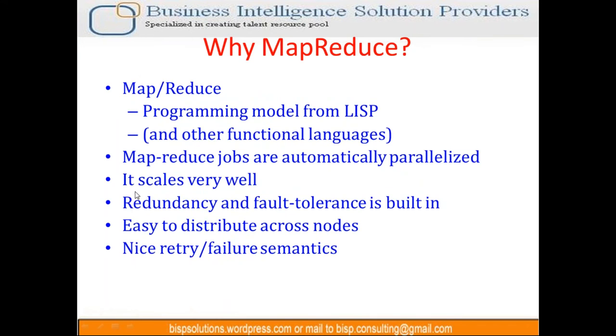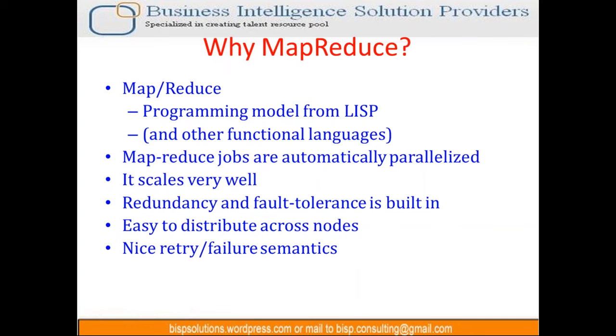The one which is very important is that it scales very well. What it means is, let's say you have 1 terabyte of data and you have 10 nodes. If we are running 10 nodes to process 1 terabyte of data and it is taking, assume, 20 minutes, and you want much better performance, then you can try making it a 50 node or 20 node cluster.